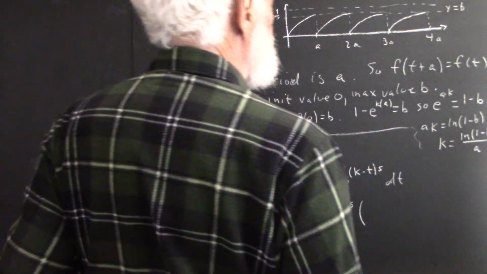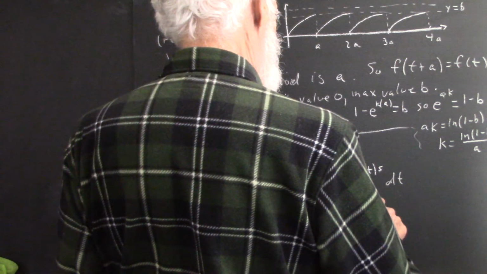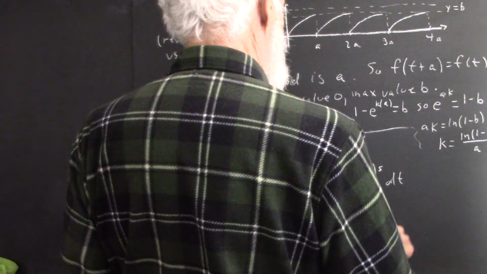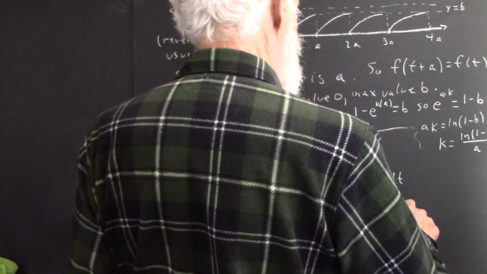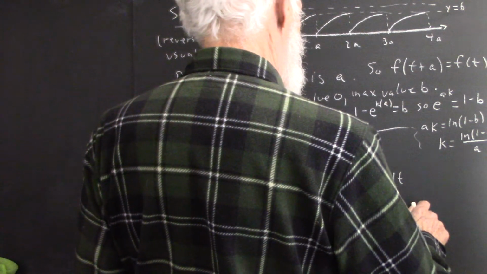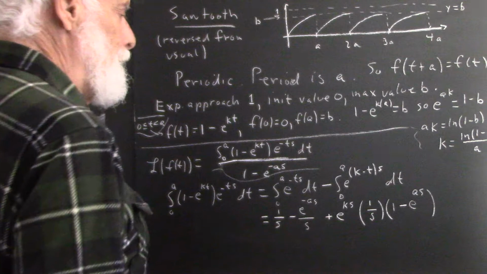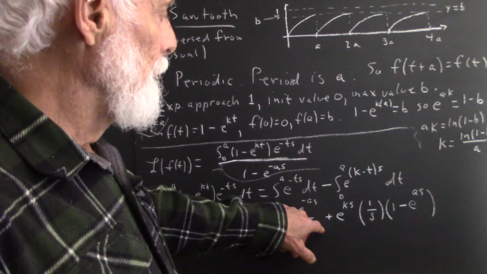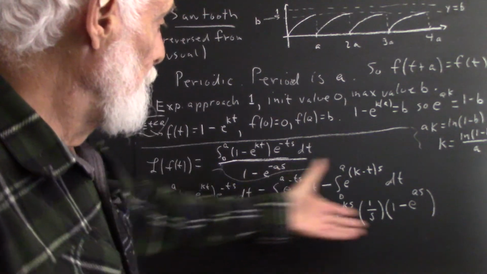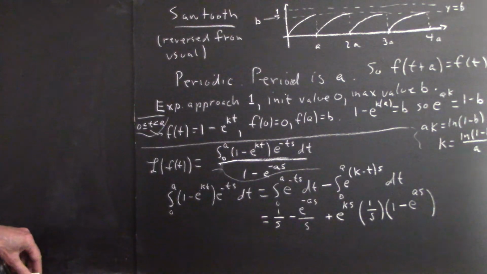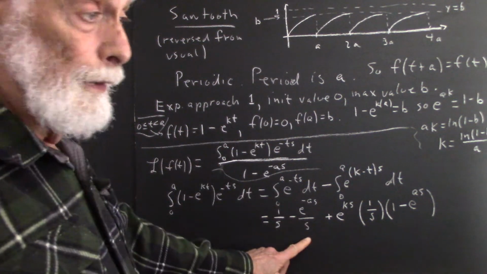I think what we end up with here is 1 over s multiplied by 1 minus e to the as. Now I could have my sign wrong here. It might have to be a negative. So work it out, write it out. I'm not going to do the arithmetic because there's a good chance I do it wrong anyway, in my head or otherwise. So there it is.